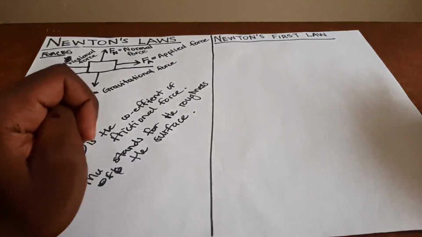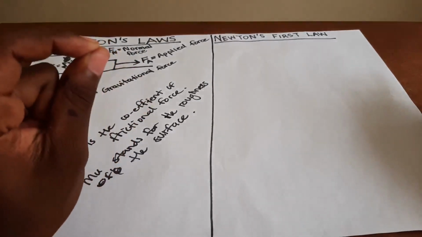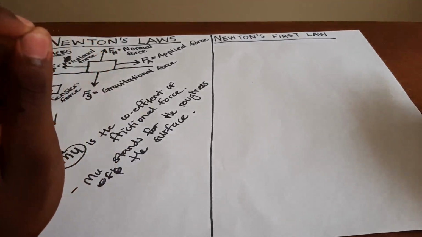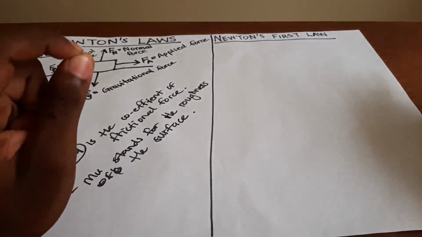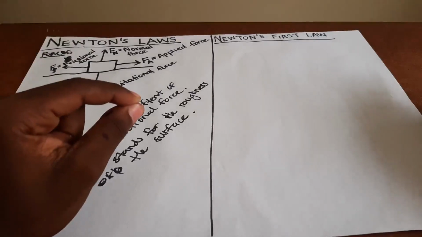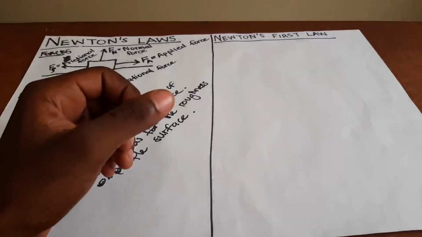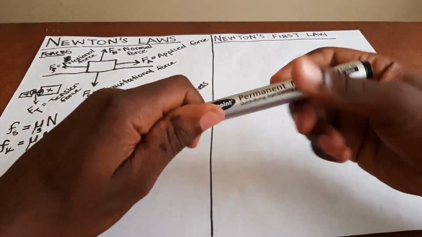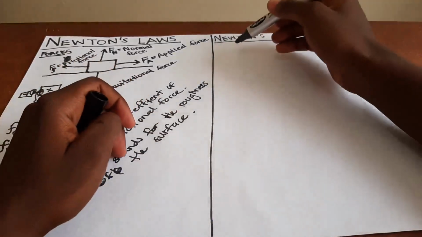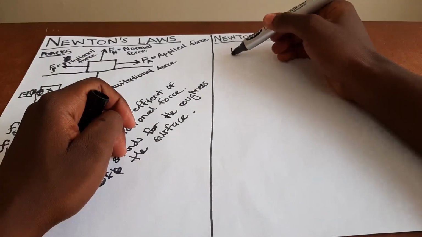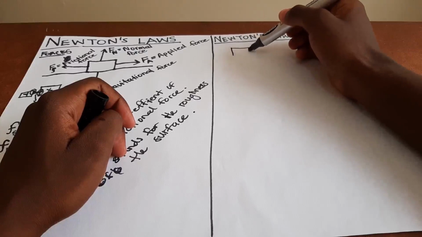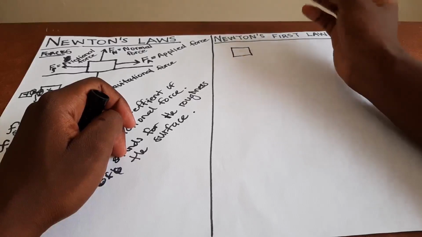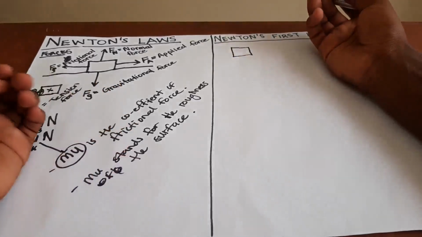So in Newton's first law, think about this: let's say this is an object that is at rest.